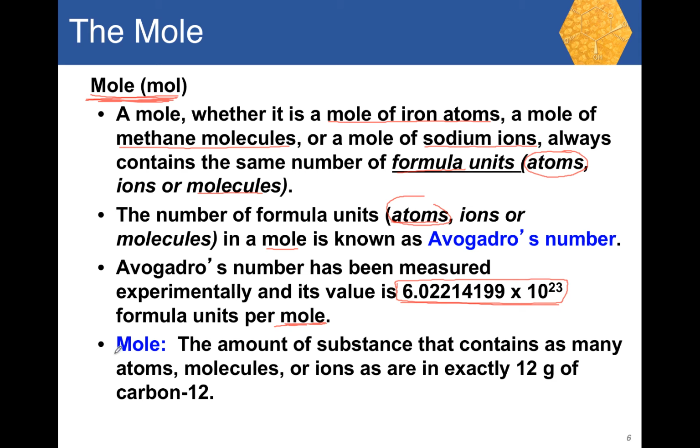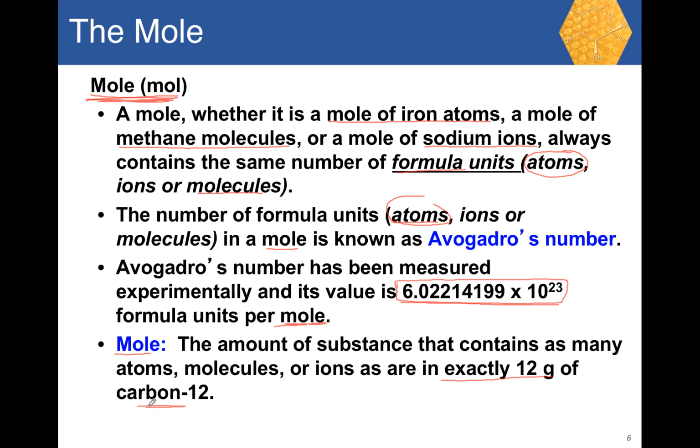Another definition of the mole, which we will not use as much, but it's one that's also good to make reference to, is that a mole of any substance contains as many atoms, molecules, or ions as exactly 12.0 grams of carbon-12.